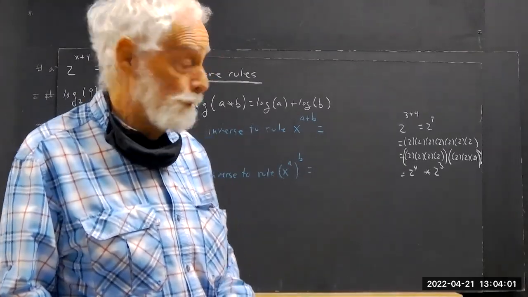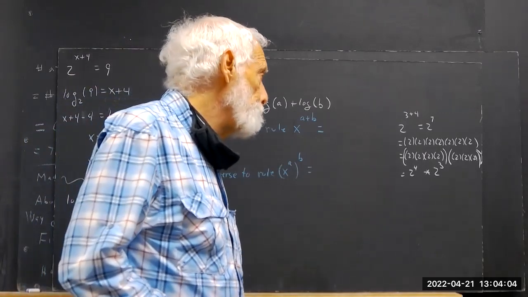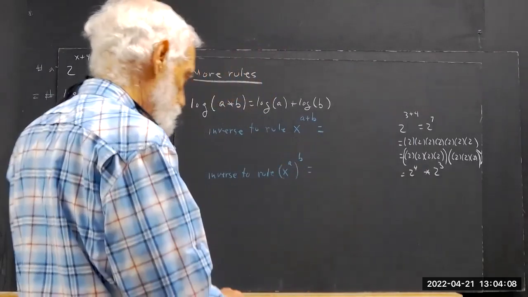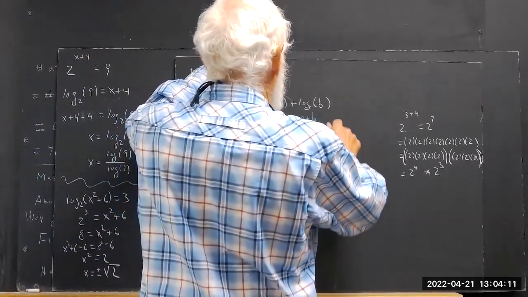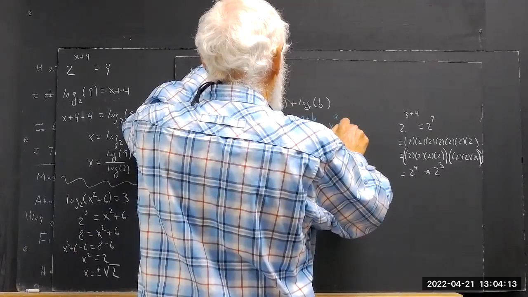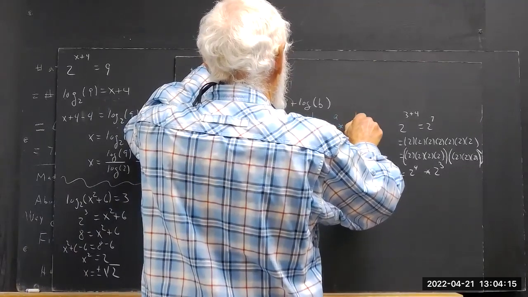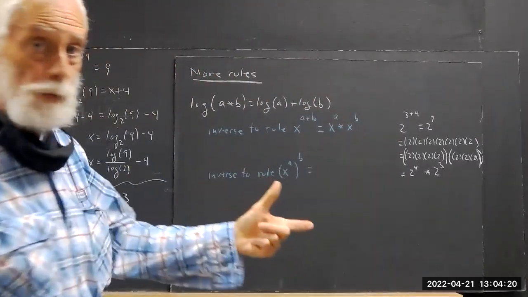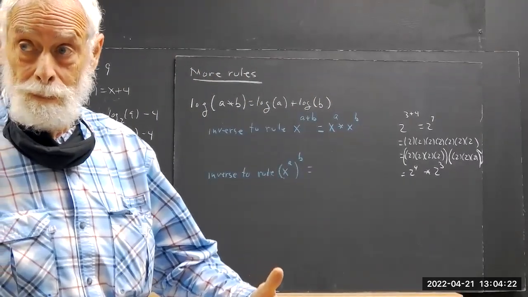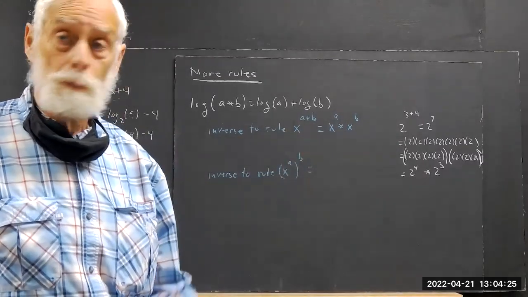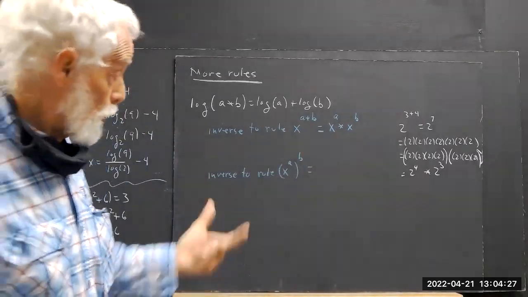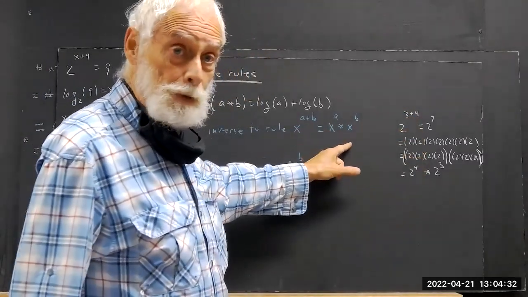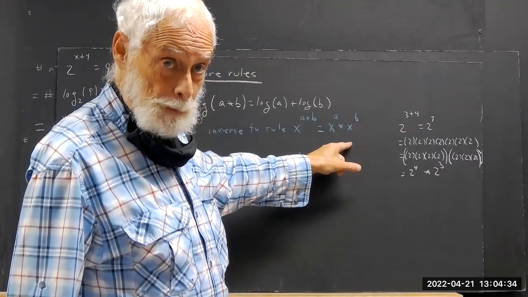We use it all the time. This is just an example that shows why this works. It's just one example. It doesn't prove the rule, but it's an important plausibility argument, and it works. If you can reason this out, then you know that this has to be true.